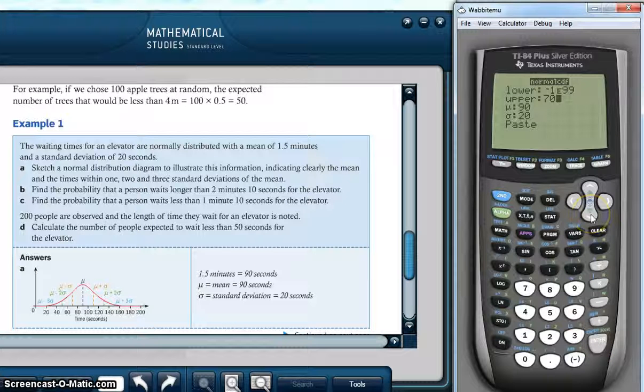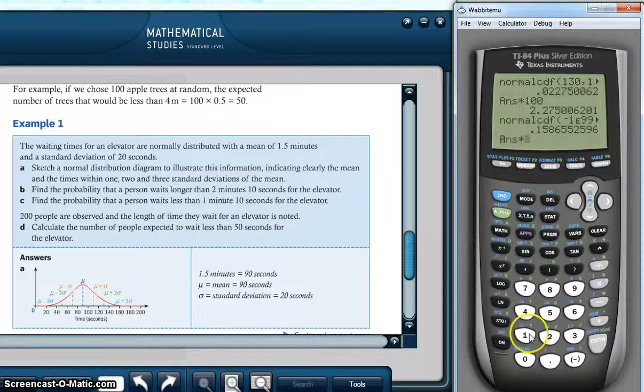My mean has not changed, my standard deviation has not changed, so I'll just paste it in there. Enter, and times 100. So 15.9% of the time, people will wait less than 1 minute and 10 seconds for the elevator.